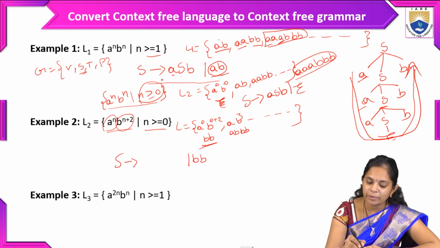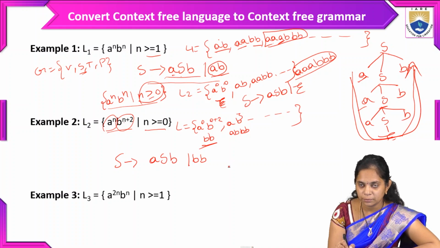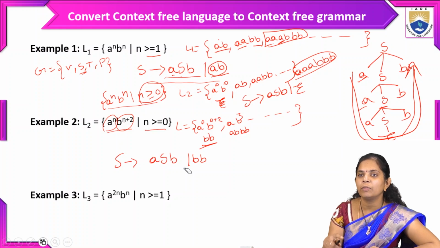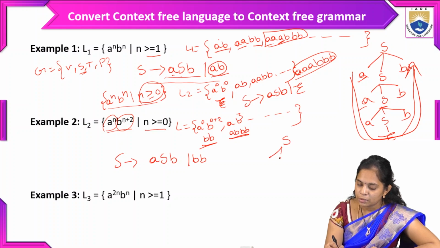So how have we written it? A is followed by B. So S tends to A S B. If you write for the same grammar, if you want to derive one string, let me derive this string. So S, S tends to A S B, I will take.